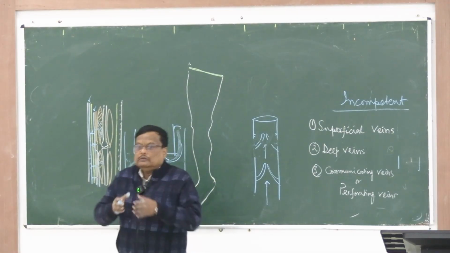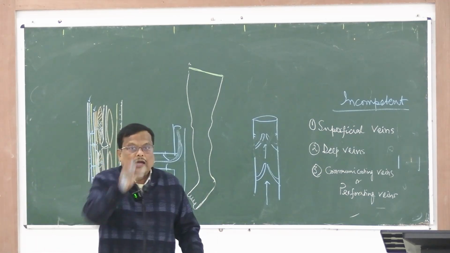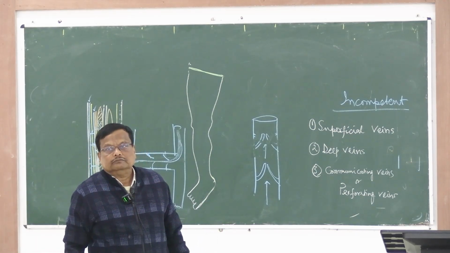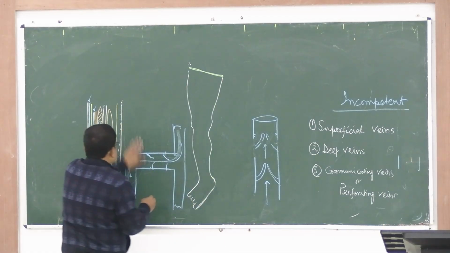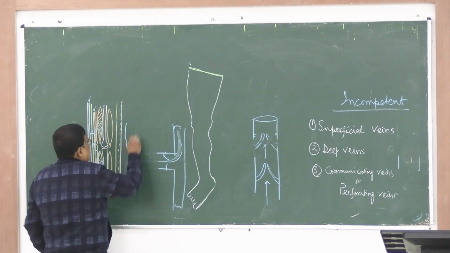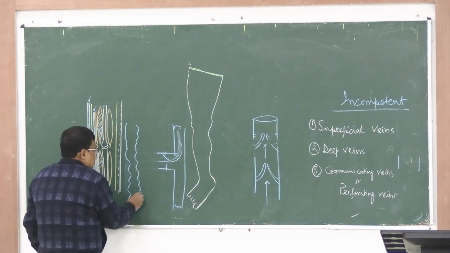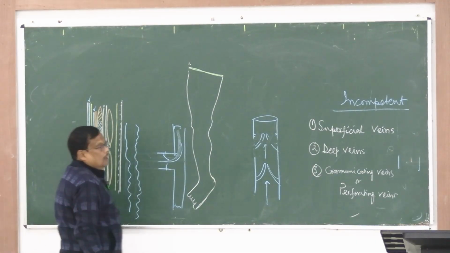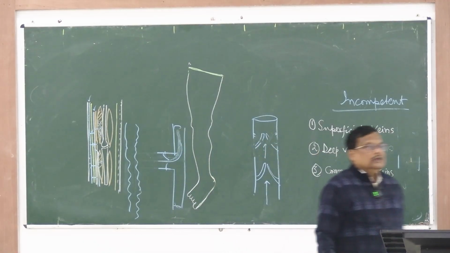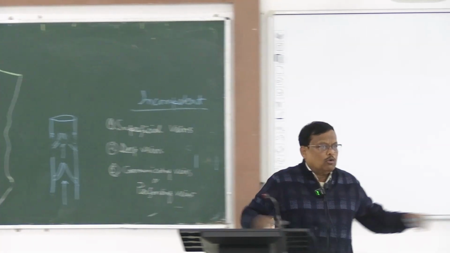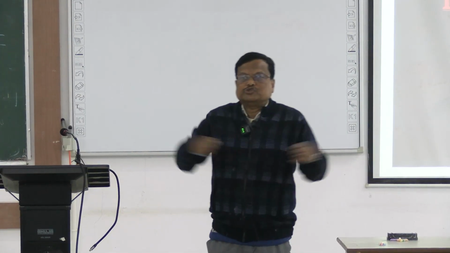The superficial veins then become dilated, elongated, and tortuous. Since a lot of blood is going, they get stretched.